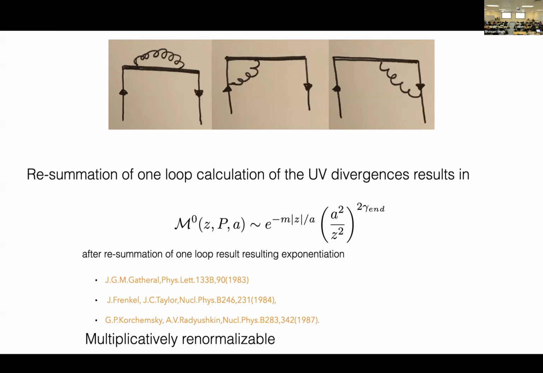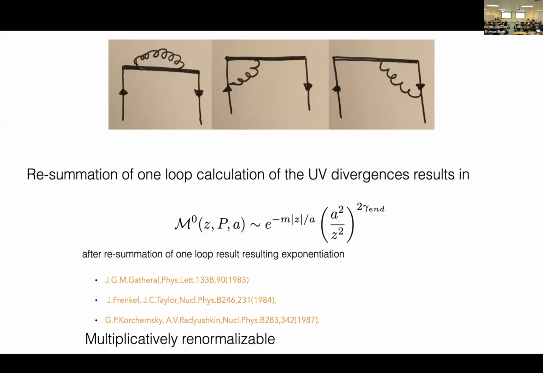The self-energy, you can have this diagram that goes from the Wilson line to the quark propagator and this brother on the other side. And if you compute those diagrams for z being a space-like distance, you get something that looks like this.